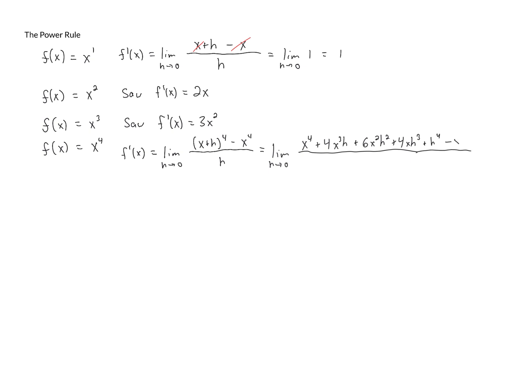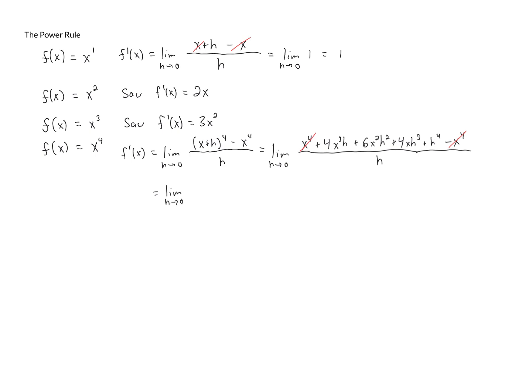And then we still have that minus x to the fourth, and this is all over h. Now, we can cancel out the x to the fourths because we've got a positive x to the fourth and a negative x to the fourth. And then we can divide all of those remaining terms by h.